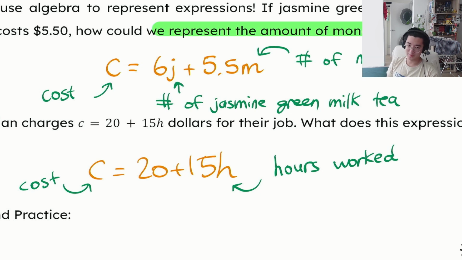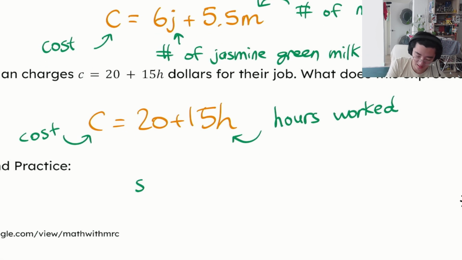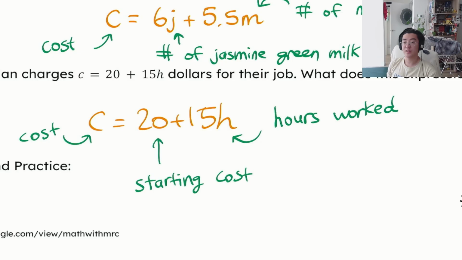And of course, what does 20 mean? Most likely 20 just means the starting cost. So even if the electrician only spends 20 minutes, you still have to pay them at least $20 as a starting cost. And then we can add however many hours they've worked.